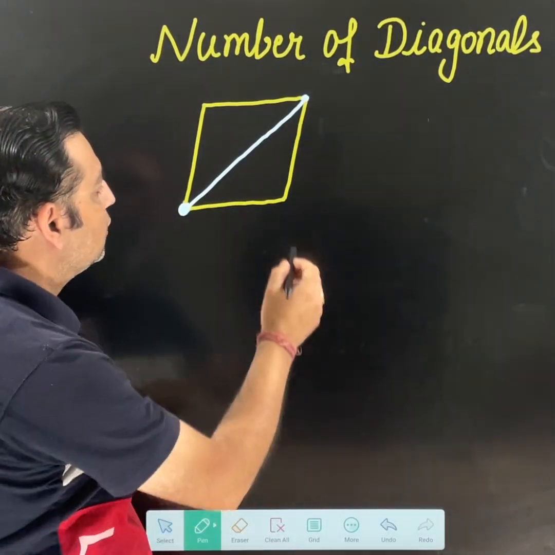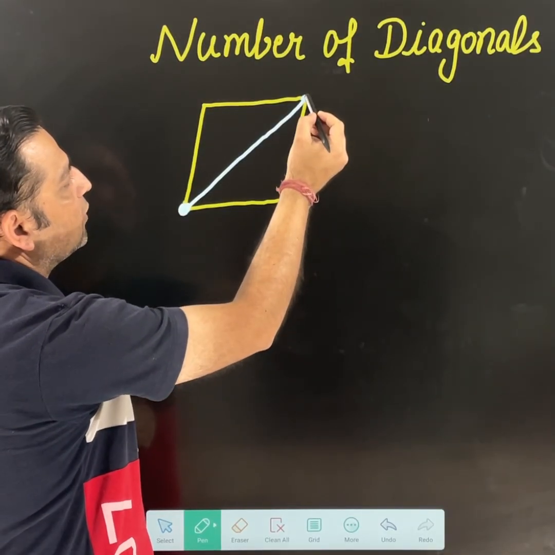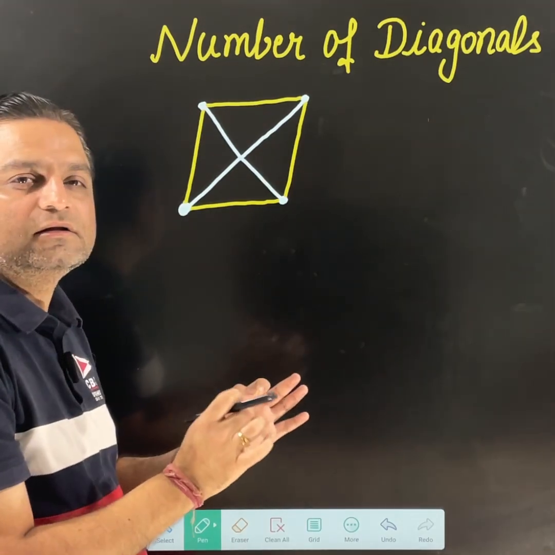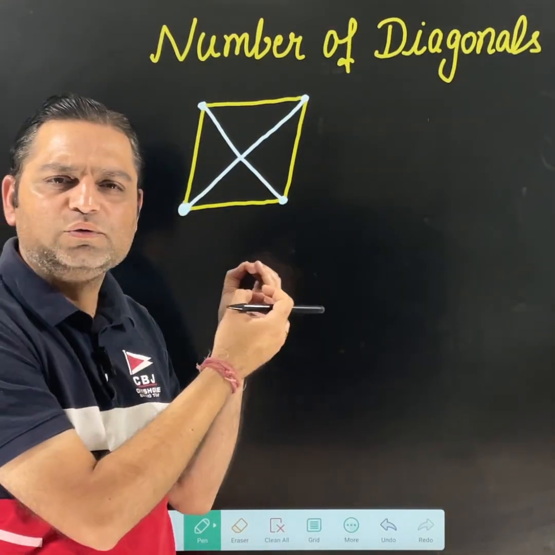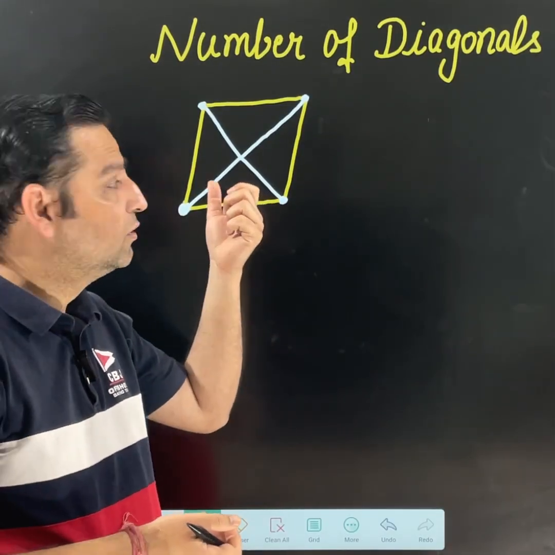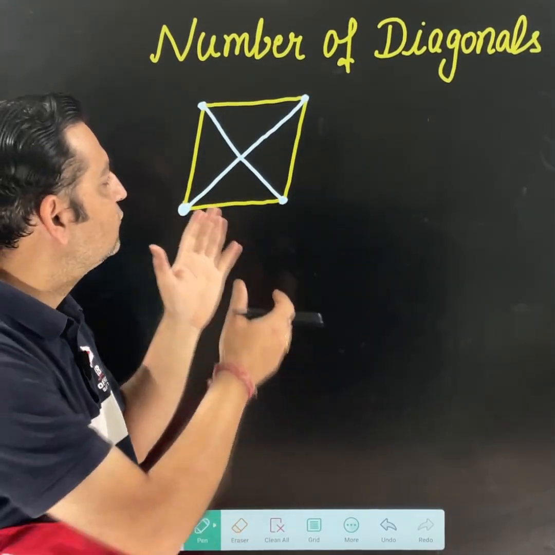Following the same rule, if I go to this point, skipping the next one and going to the next, we are going to have two diagonals in a quadrilateral, which is very much countable. Two diagonals can be formed, but I want to clear the basic concept.